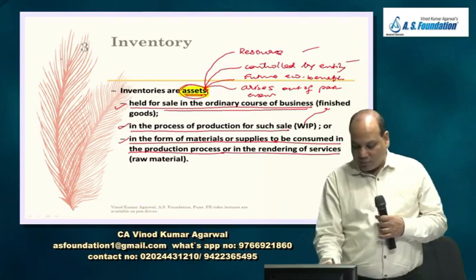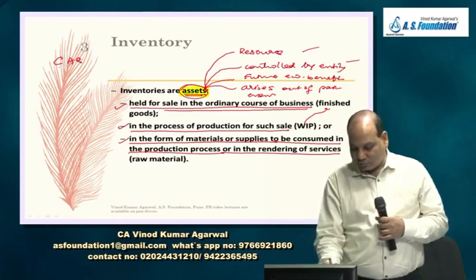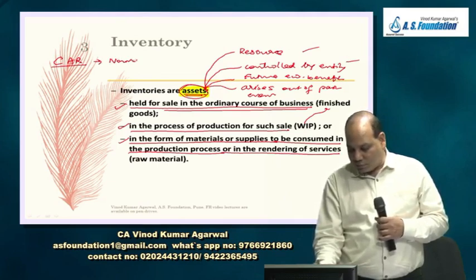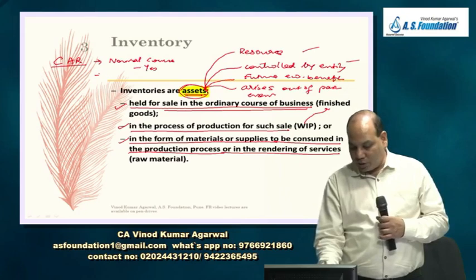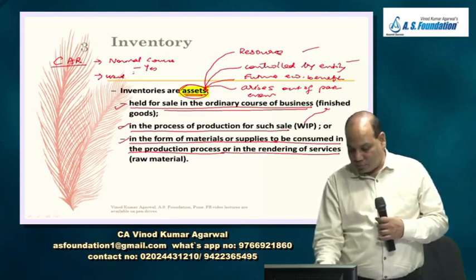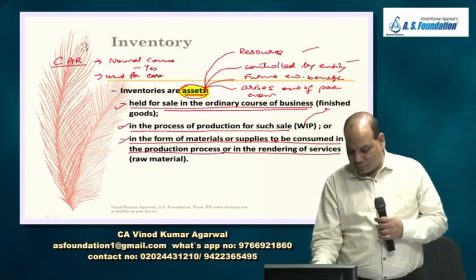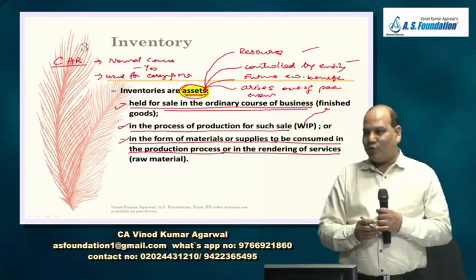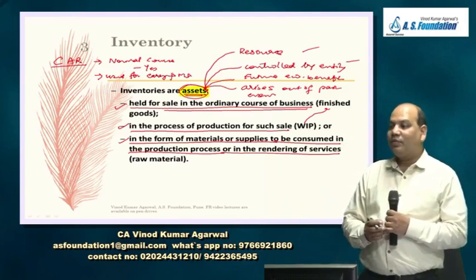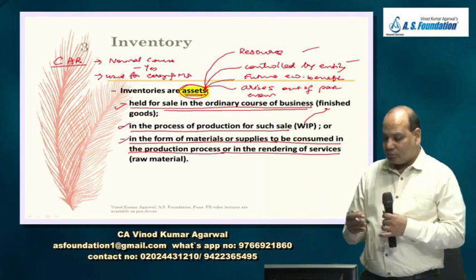Is a car an inventory item? Depends. If it is held for sale in the normal course of business, yes. But if it is used for carrying the managing director from office to home and home to office, then it is not inventory.